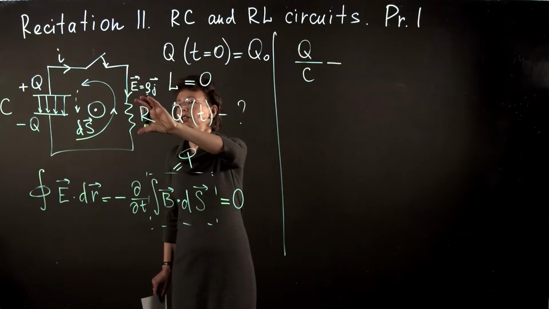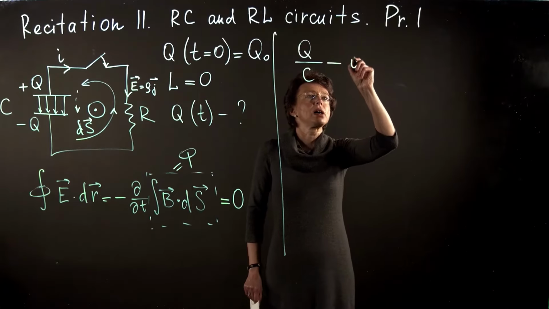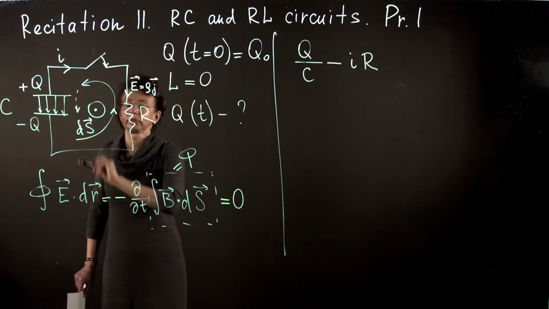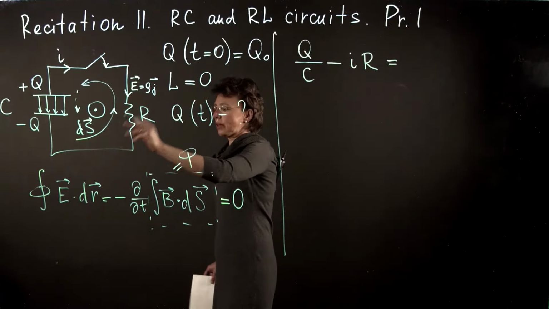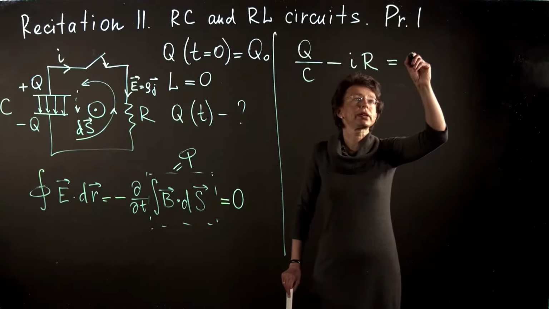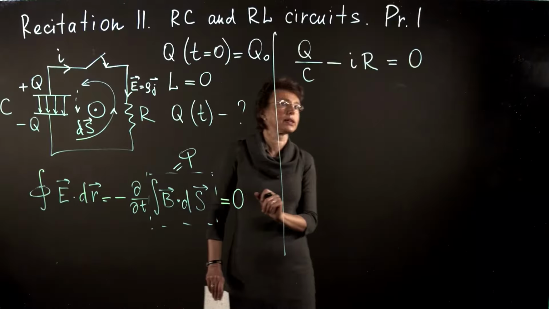And the magnitude of E dot dr across the resistor is IR. We close the loop. Nothing else is here, so we put it equal to 0, since the right hand side of Faraday's law is 0 in our case.